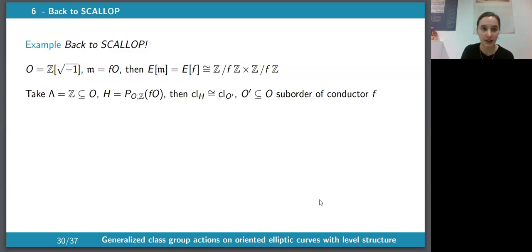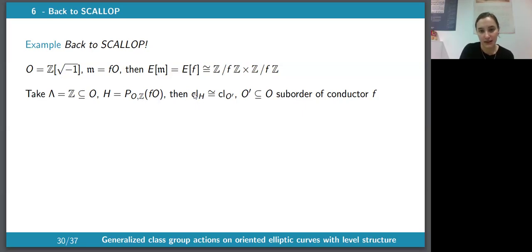Now, I would like to go back to our initial motivating examples and to revisit them in view of this theorem. So let's start with SCALLOP. Remember that for this case, we want to take lambda to be Z. Our congruent subgroup is P_{O,Z}(fO).